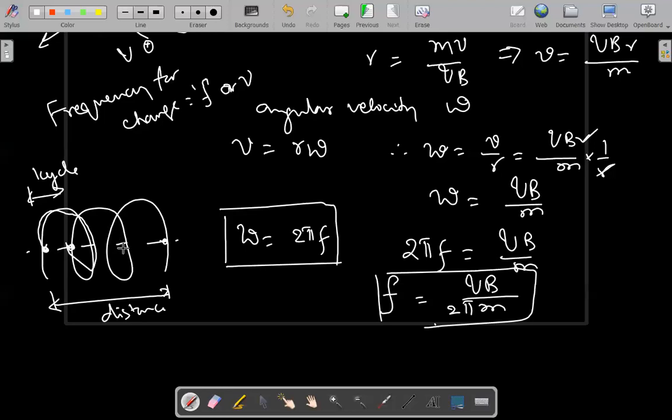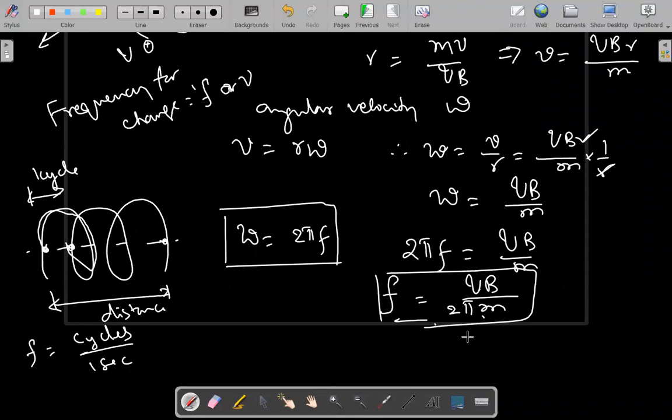So how many cycles in 1 second? f is nothing but the number of cycles in 1 second. So that is given by this formula. If you know the magnetic field, the charge, and its mass, then this is its frequency. This is required to calculate actually the particle accelerators.